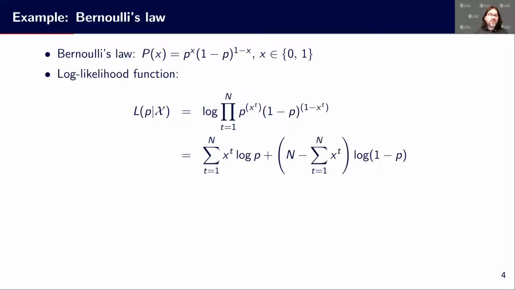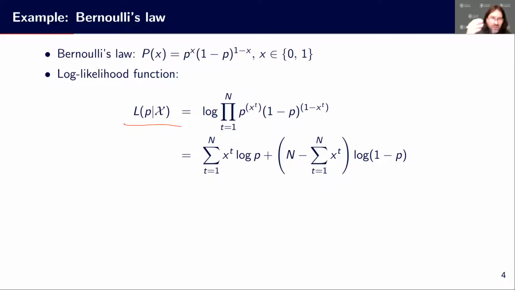But this fancy formulation is useful when we want to develop the equations, for example the way to figure out the value of p here, the parameterization to use according to our data set. So we will first determine the log likelihood function of Bernoulli's law. This is that function.